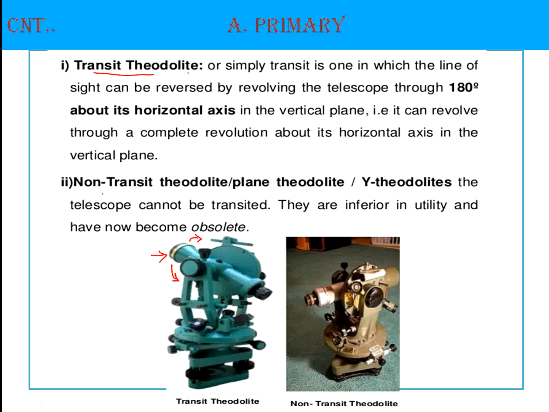Now, what will be the non-transit theodolite? In this type of theodolite, it cannot be transited at all. So it is considered inferior in utility and nowadays it is really obsolete. You can see the figure of the non-transit and transit theodolite in this.